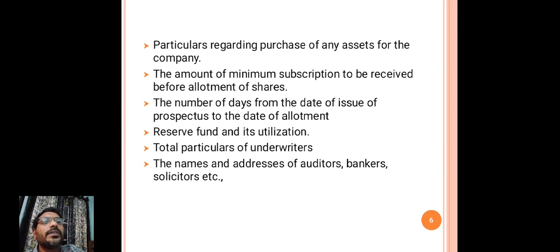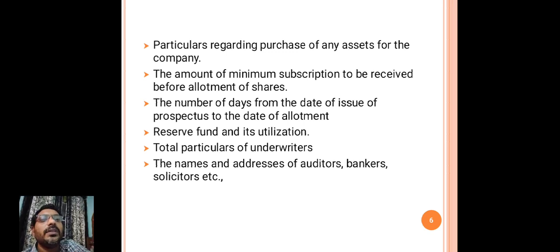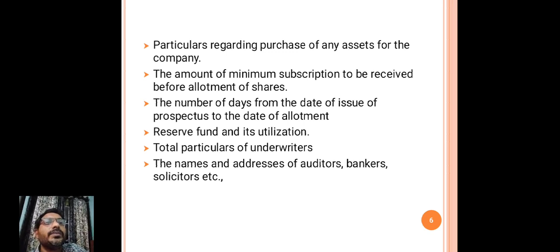Those details are clearly mentioned in the prospectus.